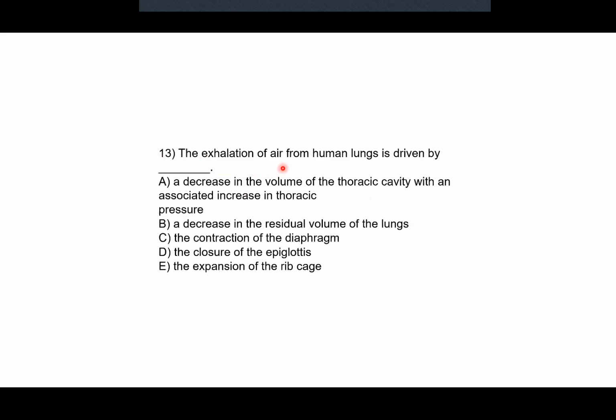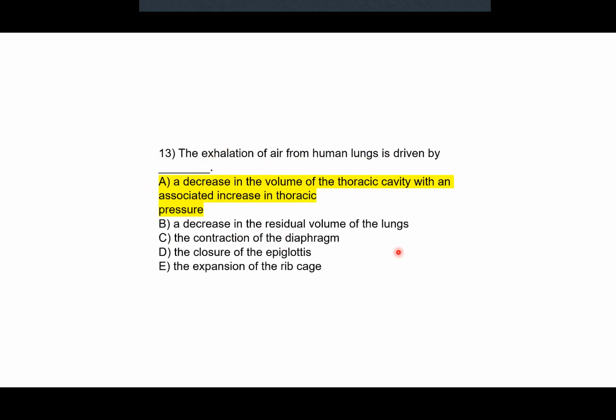13, the exhalation of air from human lungs is driven by A, decrease in the volume of the thoracic cavity with an associated increase in thoracic pressure. Other answers you may have thought about would maybe be C, the contraction of the diaphragm, but remember, we're talking about exhalation.